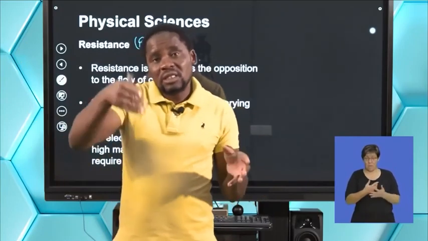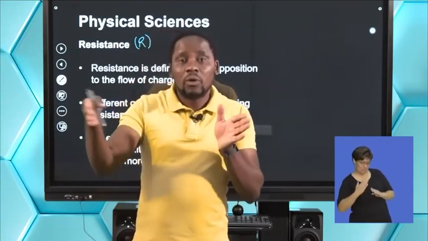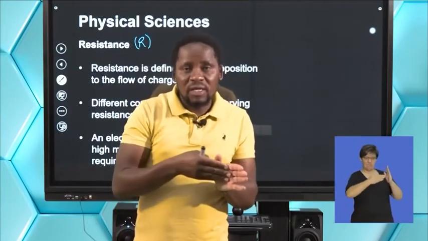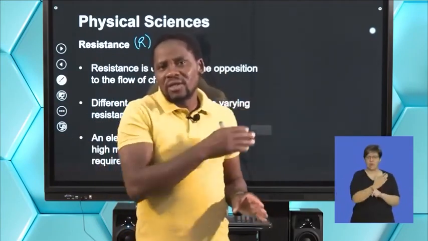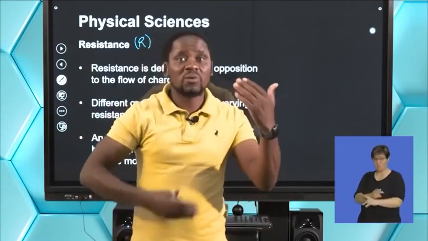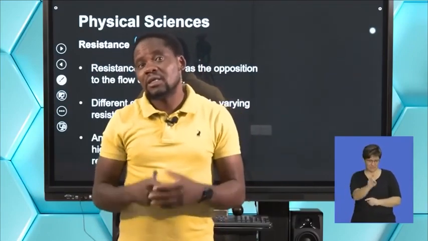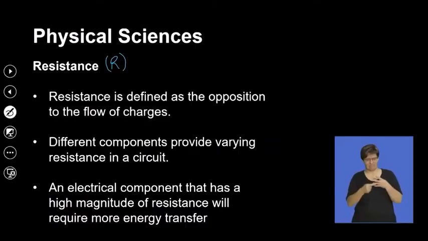The greater the resistance, the greater the extent of opposition to the flow of current. The easier the current flows, the lesser the opposition and the lower the resistance. These are some of the logical deductions we need to think about. That's resistance as per the definition in the examination guidelines.